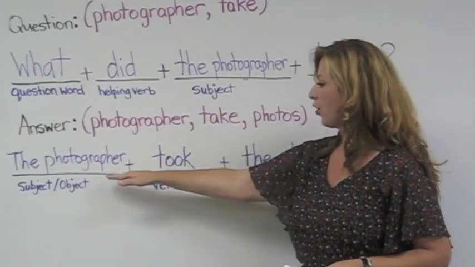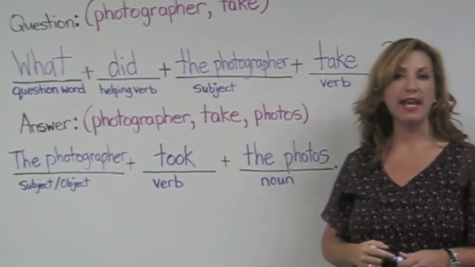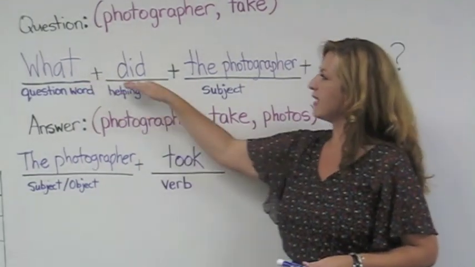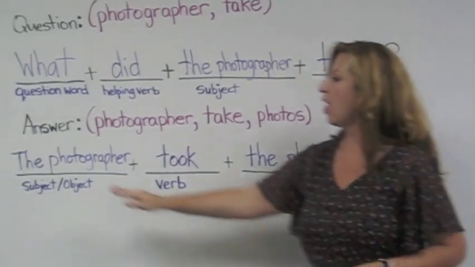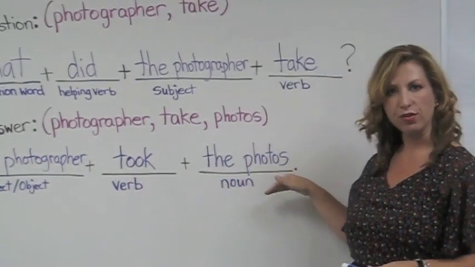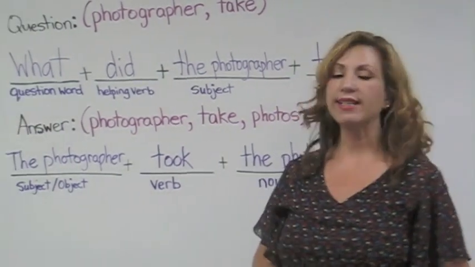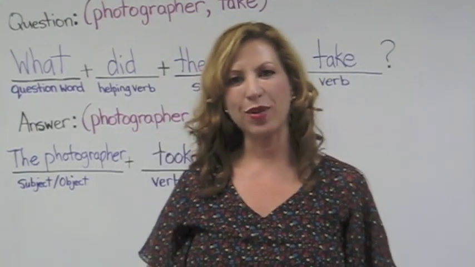The photographer took the photos. Now let's practice together. What did the photographer take? The photographer took the photos. Now, it's your turn to practice number 5. Press play when you are ready to do it together.